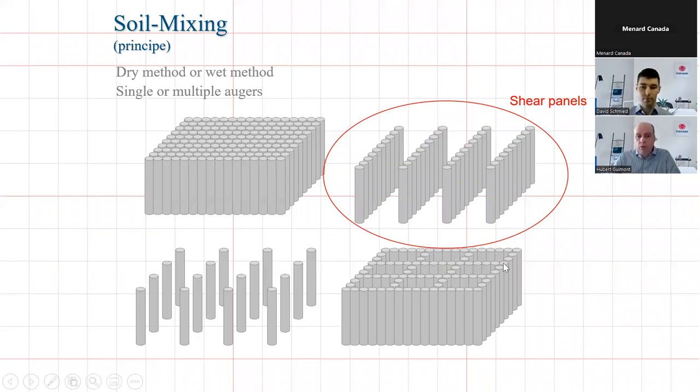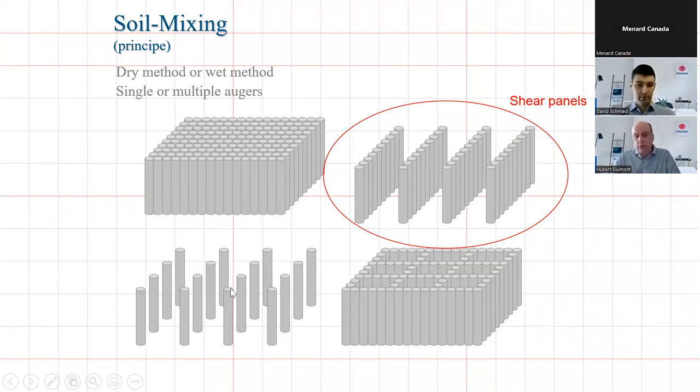Of course, when you do that type of configuration at the base or at the toe of a dam, you need to make sure that you're also thinking of the seepage through the structure, because that becomes a bit of an obstacle for the water flow. So that needs to be integrated with some hydrogeological concerns, of course.